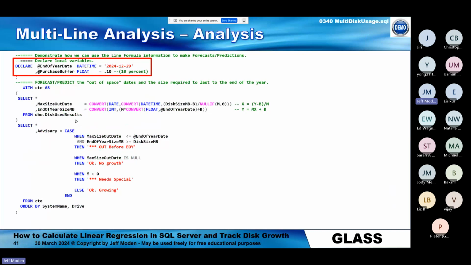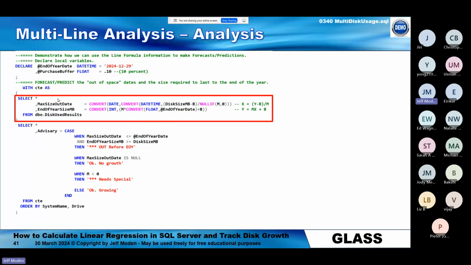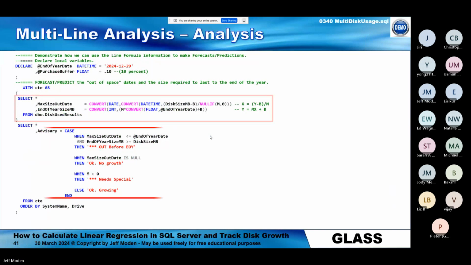What I did was I declared this end of year date, and I also put in a purchase buffer of 10%. Now I didn't actually use the purchase buffer here because I didn't want to cover too many things at one time, but I put the purchase buffer here to remind you, you could add that into the size and do the calculations.